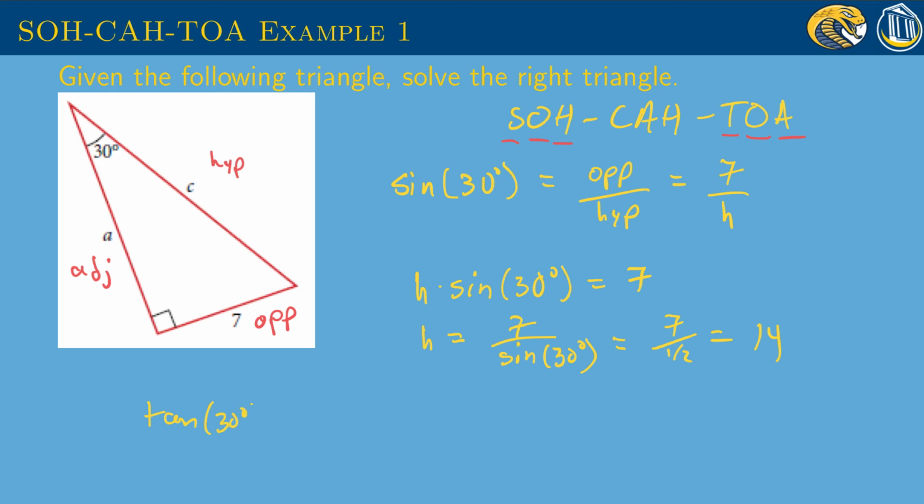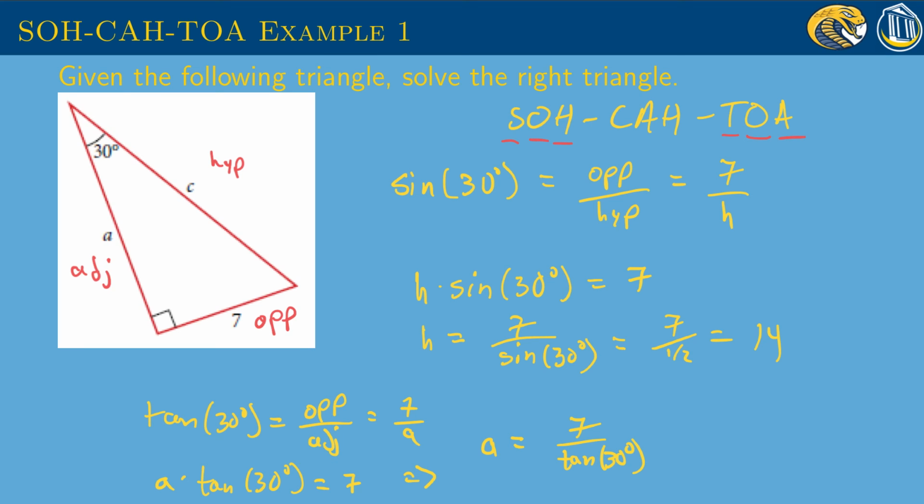Tangent of 30 degrees equals opposite over adjacent. That's going to be 7 divided by whatever a is. And in this case, we have to solve for a. Just like before, we can break it up into 2 steps. a times tangent 30 degrees equals 7. And therefore, a equals 7 divided by tangent of 30.